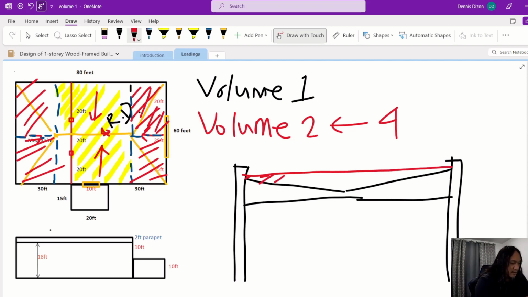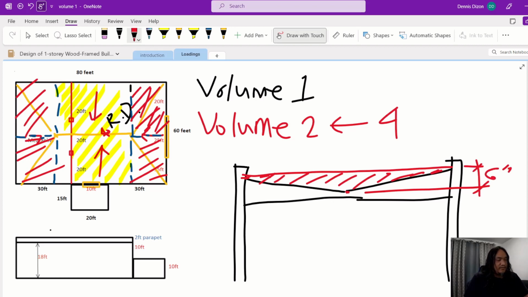So this is our volume 1. And then we already talked about the change in elevation here between the highest point of the roof and the lowest one. So this is 6 inches, right? That is 6 inches, the change in elevation. So the highest point is 6 inches higher than the roof drain elevation.